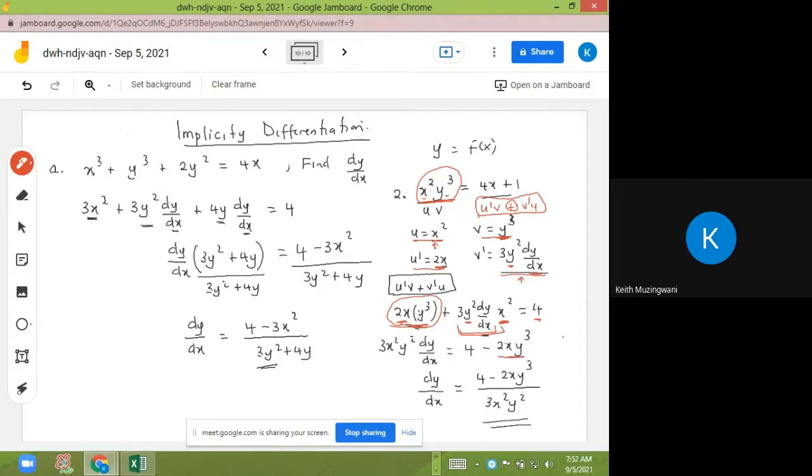Because I want dy/dx, I will divide here by 3x squared y squared. We'll do the same on the right. We'll divide by 3x squared y squared. So these will cancel and leave us with dy/dx on the left, which is equal to 4 minus 2x y to the power 3 over 3x squared y squared.